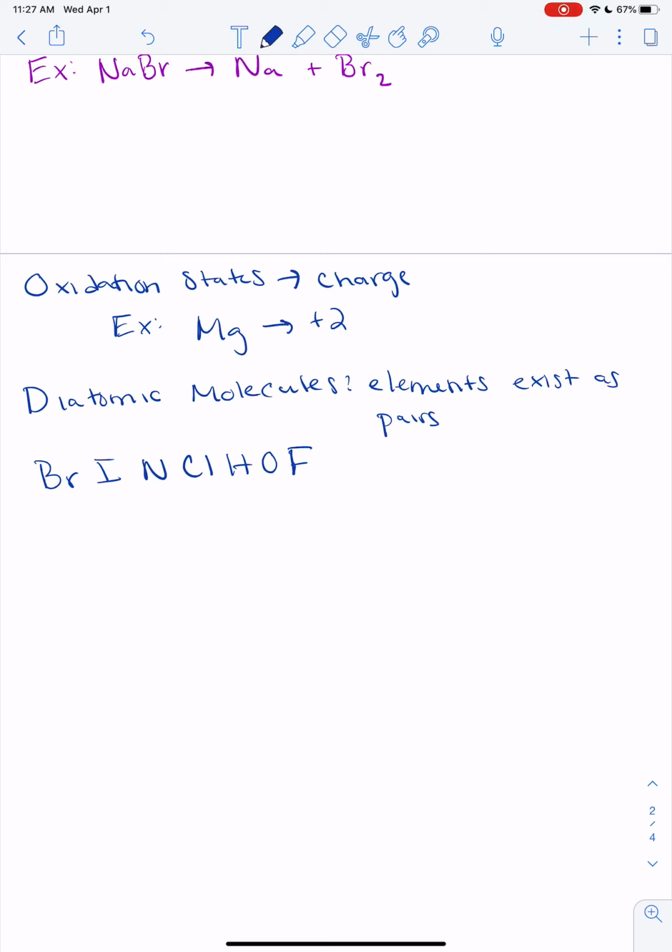The way to think of this, the way to remember this is I pronounce this Brinkelhoff. That's just the way that I remember this. So this is something you'll have to look up or memorize. There's not really a reason for this. So for example, if we have just bromine by itself, we're always gonna put Br2 instead of Br, okay? Because it is diatomic.